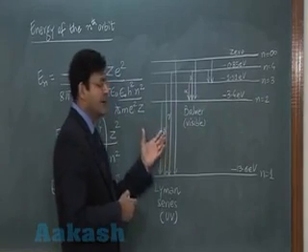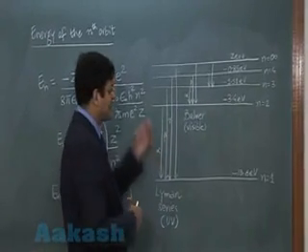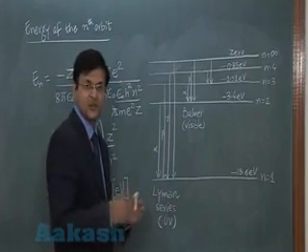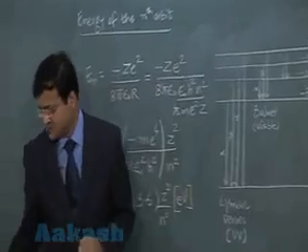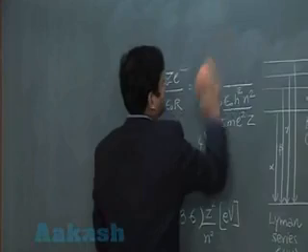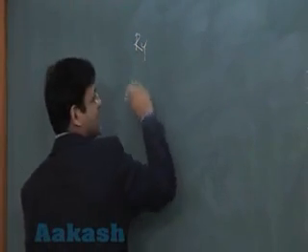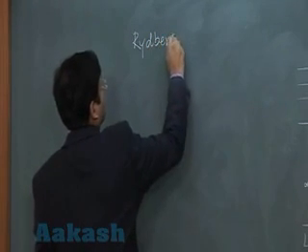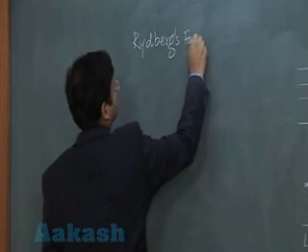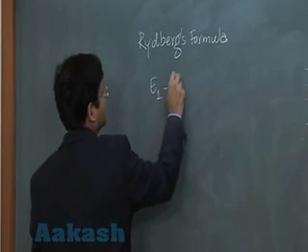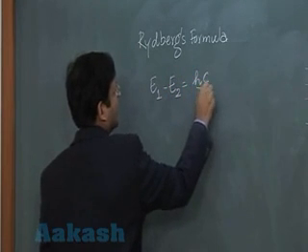If you talk about the third postulate, then we can surely calculate the wavelength involved whenever such a transition is taking place. So if I am talking about that, then for describing the various spectra, you should talk in terms of Rydberg's formula, which will essentially be using the third postulate, that was E1 minus E2 is equal to hc by lambda.